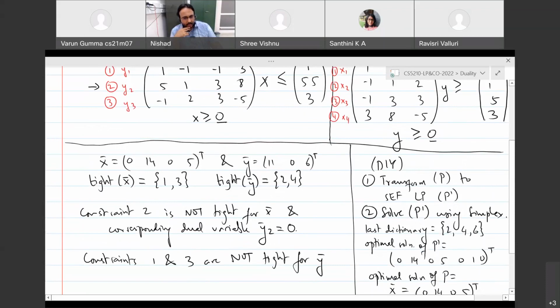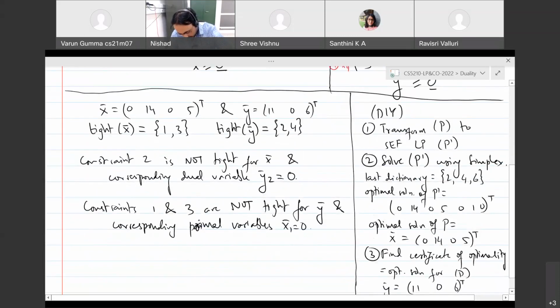They are x1 bar and x3 bar, and x1 bar is 0 and x3 bar is also 0.